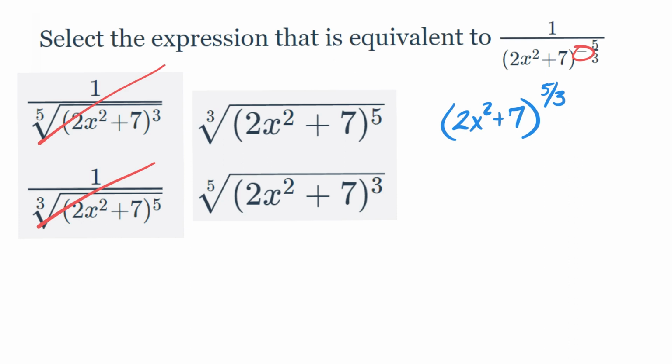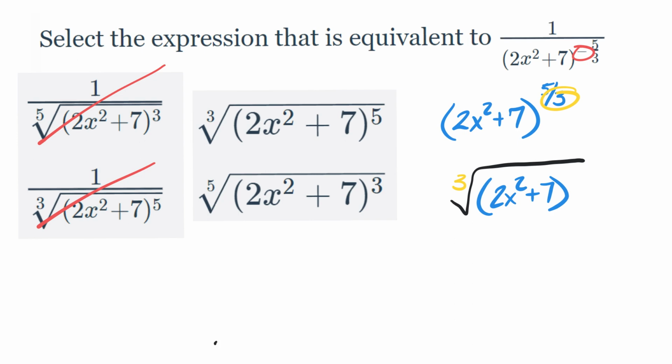Now once we've done this, now it's just time to convert into a radical form. So this is going to be a square root sign. Our index in its parentheses goes here. And again, the value that's the denominator is the index, which in this case is 3.